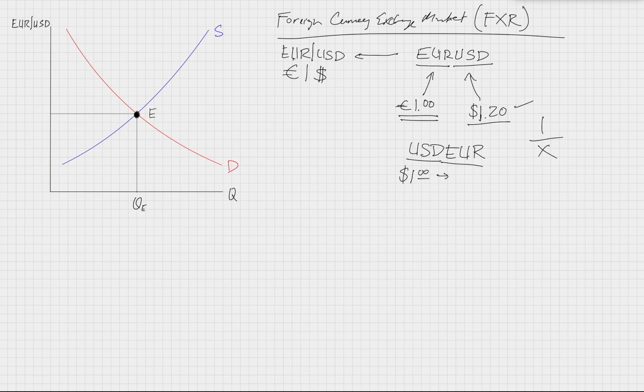Nope, I was wrong. It's actually 0.83. The 3 keeps going. So you can get 0.83 euros for 1 US dollar. So in this scenario, the euro is a tad stronger than the dollar, right? You need to have more US dollars, relatively speaking, in order to buy just 1 euro.